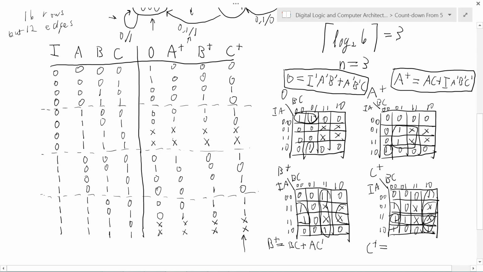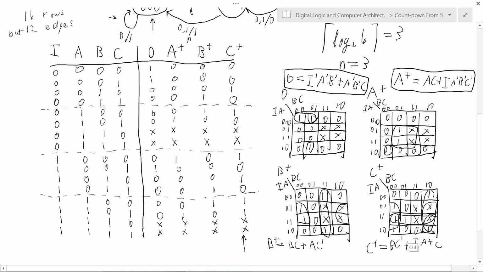So we have B, C prime, or I, A, or C prime.